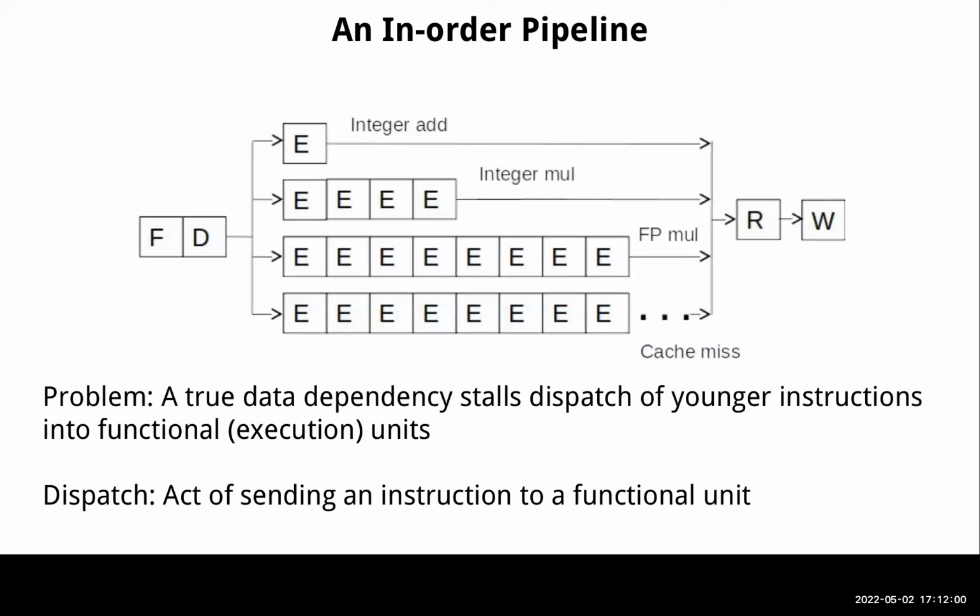From a CPU designer's point of view, the problem is that if there is a true data dependency between two instructions, where instruction 2 depends on instruction 1, instruction 2 has to wait until instruction 1 finishes execution, because it depends on the data. But if they do not depend on data, they can actually execute at the same time.